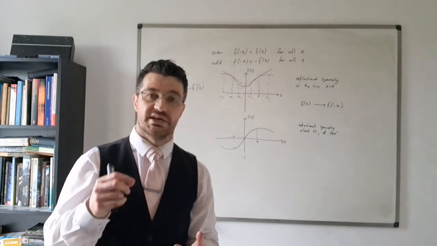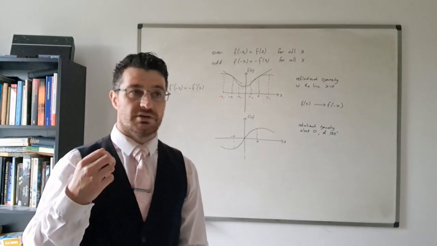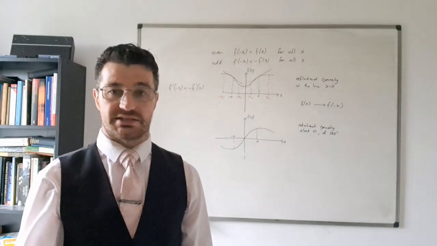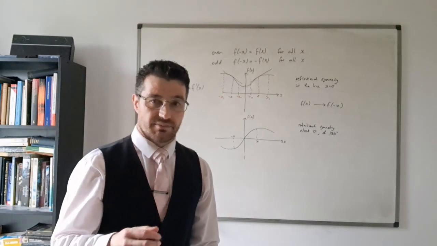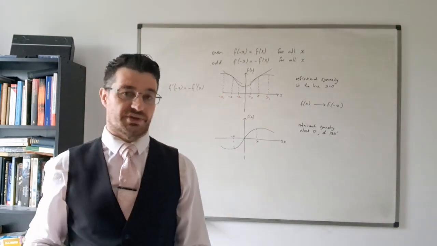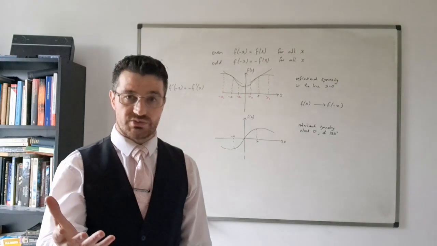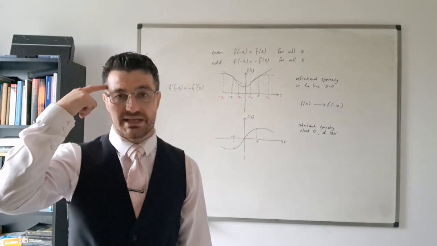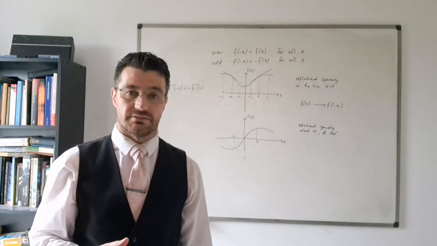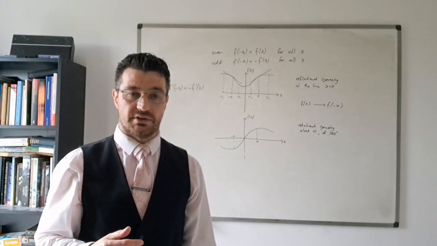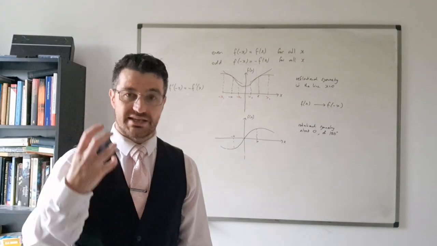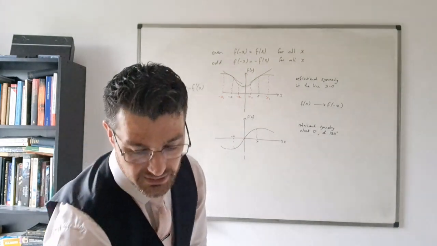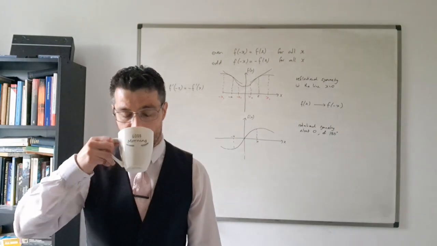However you want to express it, part of your job as a problem solver, as a mathematician, is expressing your ideas clearly. So maths is not about just writing all the symbols on the page. It's about communication as well. Communicating your ideas. If your idea exists only in here, it doesn't exist at all, for all intents and purposes. It only exists when it's in a form that can be communicated. Okay, time for a bit of coffee.